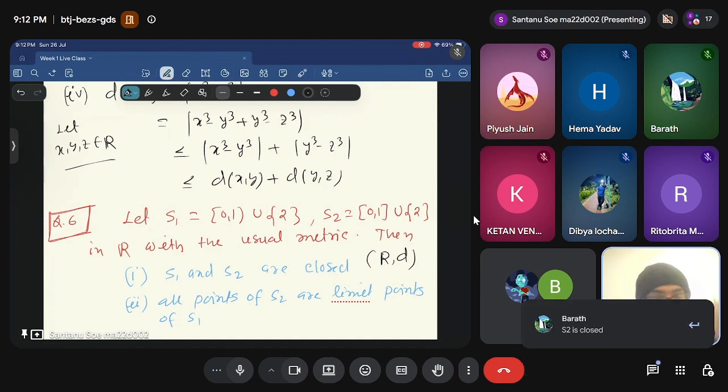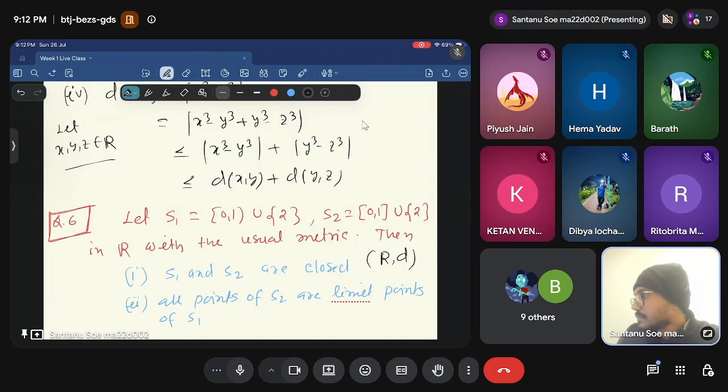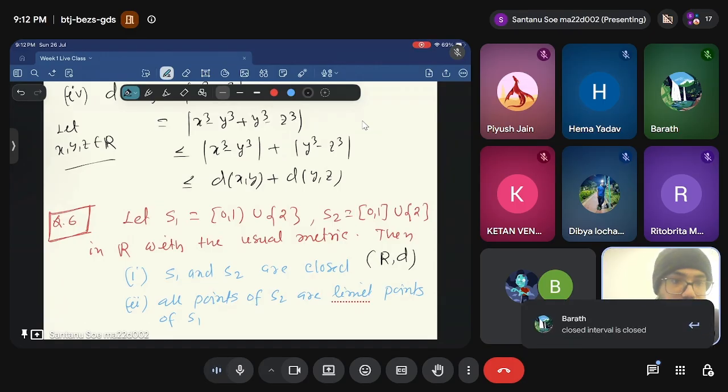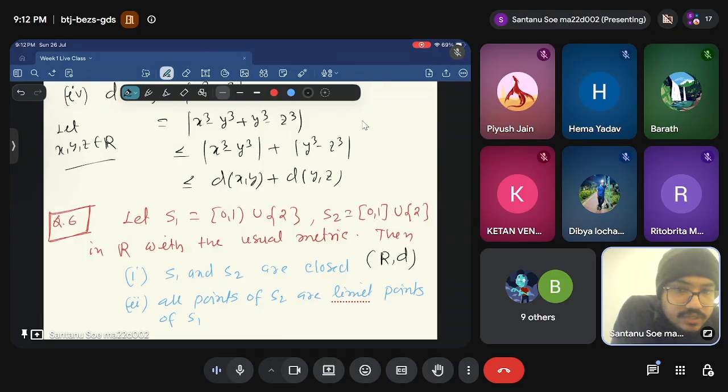Anyone in the chat? S2 is closed. Yeah, but why? Why is it closed? So first tell me what is the definition. Closed interval is closed, yeah, this is true. S2 is closed, indeed it is true. But what is the definition of a limit point and an isolated point?